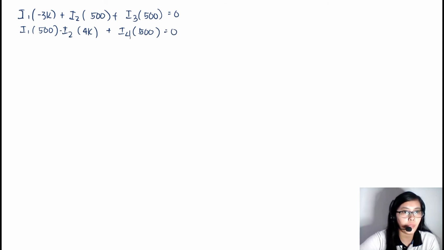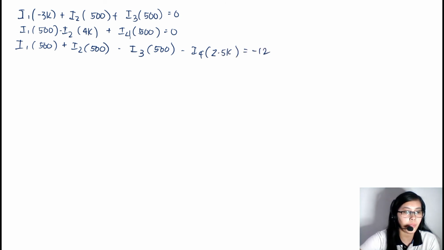Third equation, we have I1 times 500, I2 times 500, then I3 times 500, then I4 times 2.5K, equal to negative 12K. And our fourth equation, that is I4 minus I3 is equal to 10.